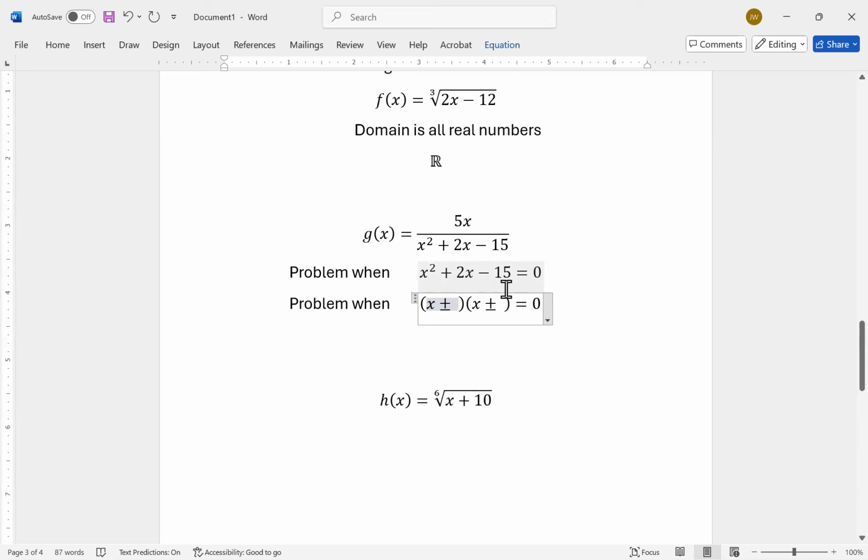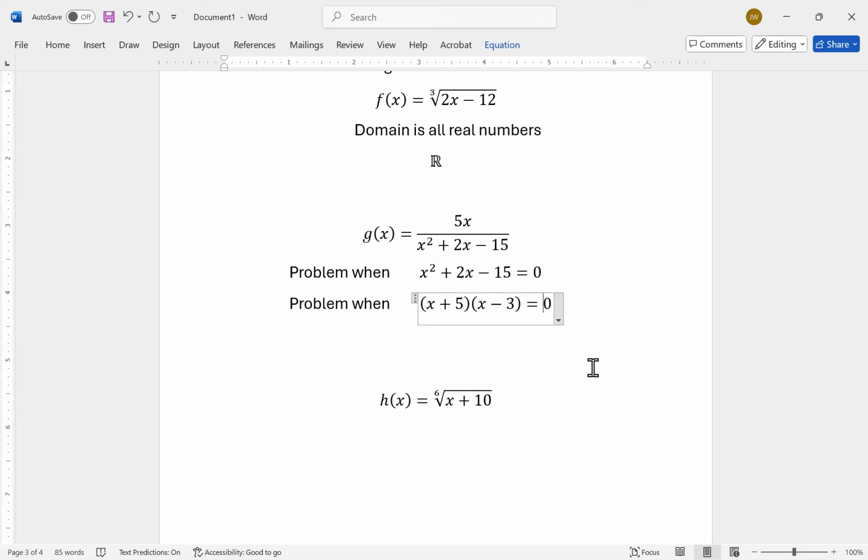Those two numbers are going to be a positive 5 and a negative 3. 5 times negative 3 gives negative 15. 5 plus negative 3 gives me a positive 2.